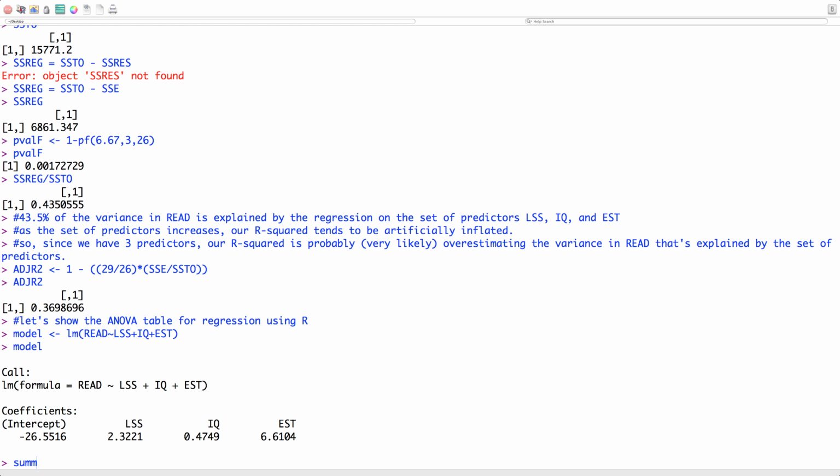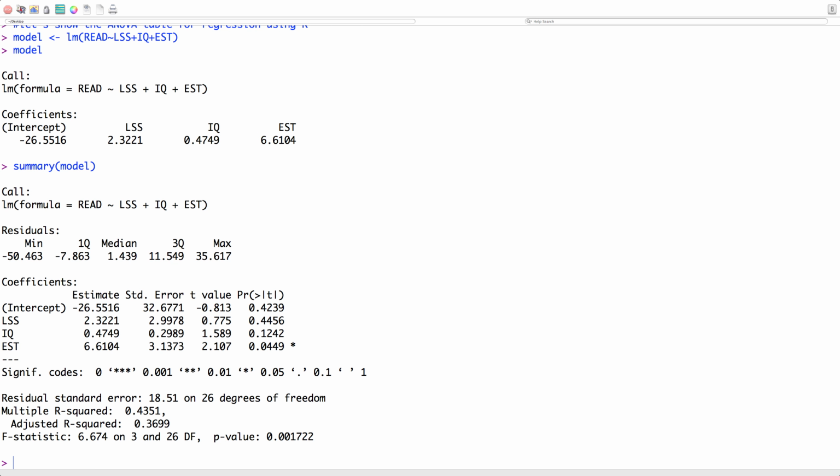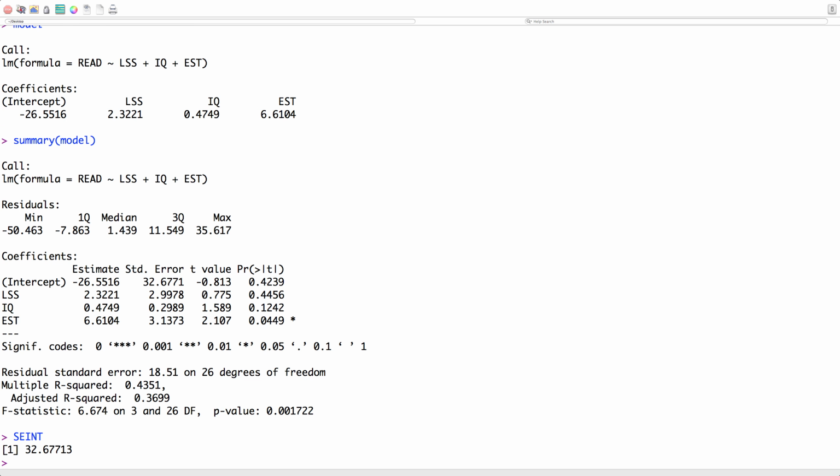Now you can do a summary here for model, and it's going to give you some standard errors and different things. I encourage you to go back and look at the standard errors. I actually did those, so I think I did the standard error for the intercept, 32.6771. Again, what I'm focusing on right now are the standard errors, the column under standard errors.